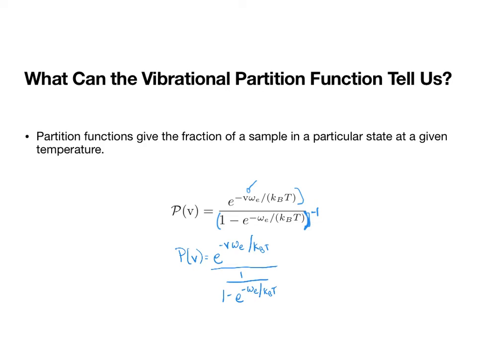So if we said that a stretching vibration was at 1500 wave numbers, that means that if we think about this energy well, the difference between V equals 0 and V equals 1 is 1500 wave numbers, or omega e. Sorry, I will make that neater so that you can actually read it.